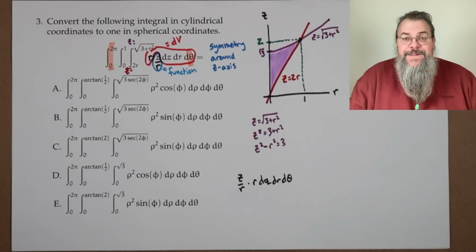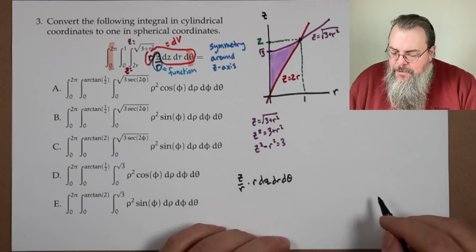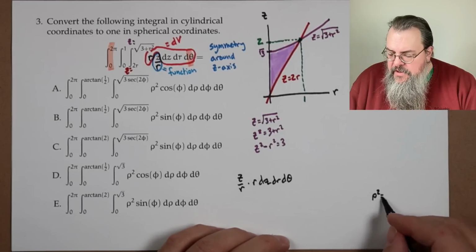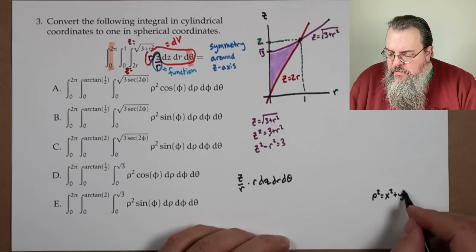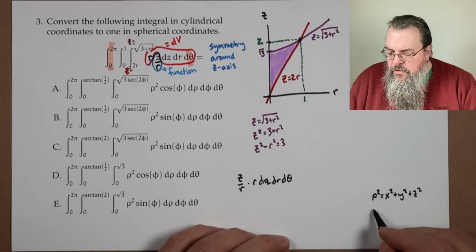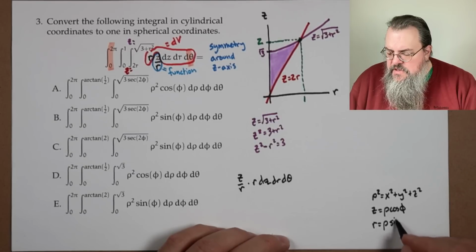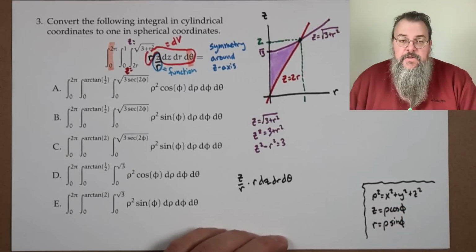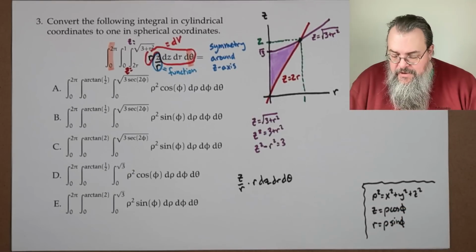What are they in spherical coordinates? So we'll make some notes here on the side. We know that rho squared is x squared plus y squared plus z squared. We know that z is rho cosine phi, and we know that r is rho sine phi. This is our basic collection of facts for switching into spherical coordinates.